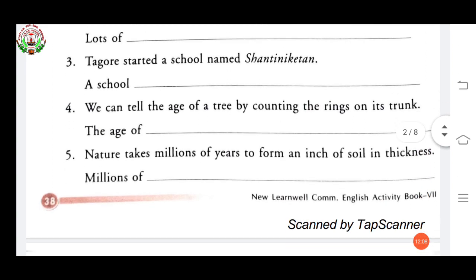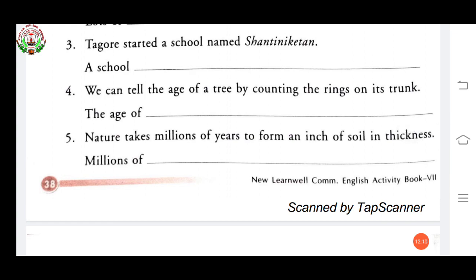Now, fourth one. We can tell the age of a tree by counting the rings on its trunk. Here again "we" is the subject, and what are we doing? Counting the rings on its trunk.